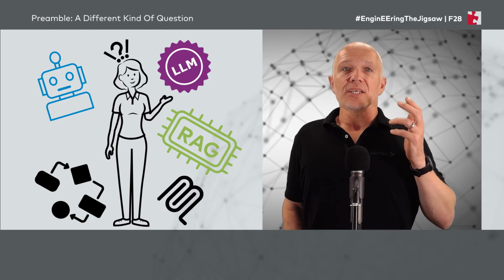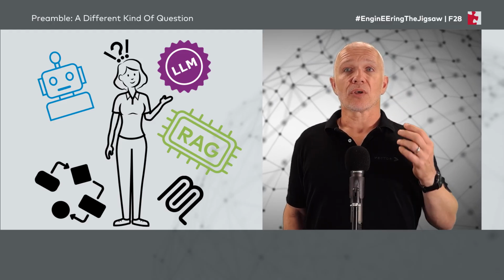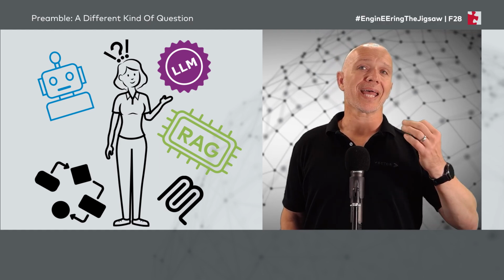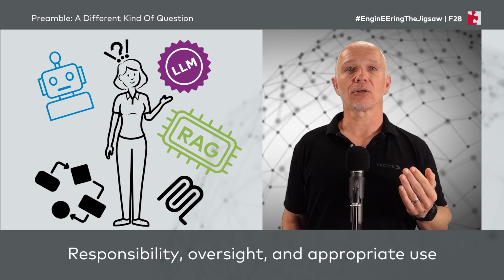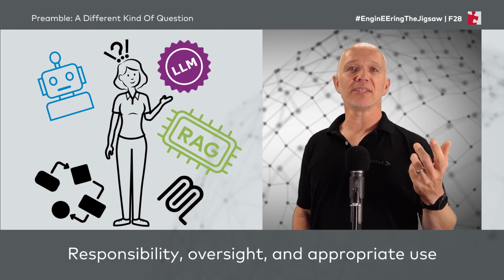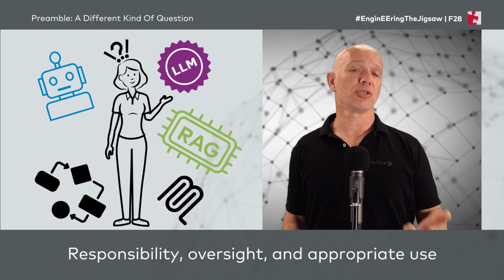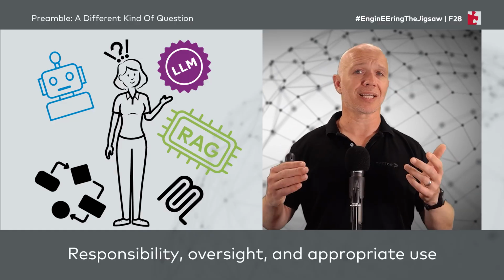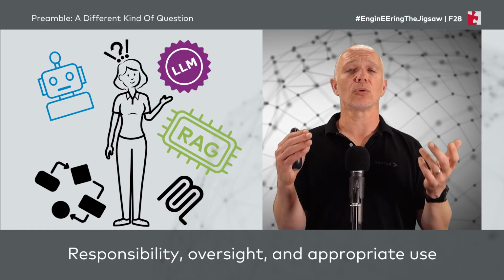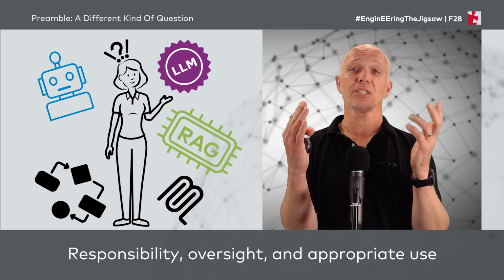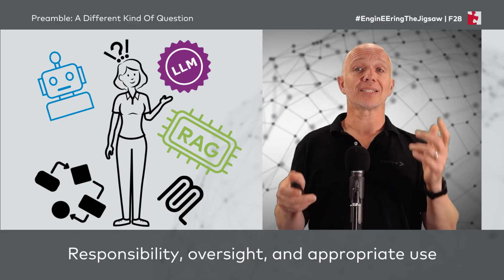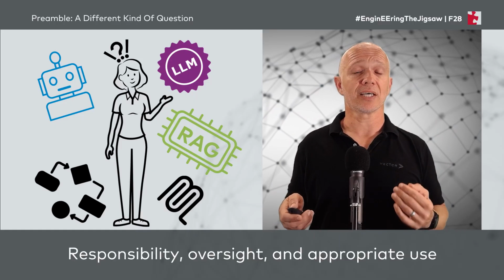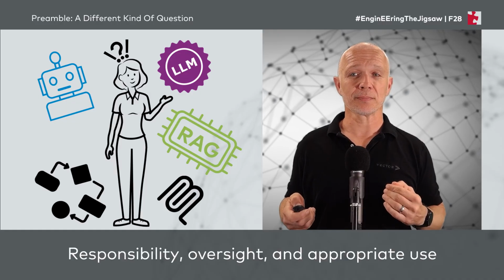So in this final episode of our trilogy on large language models, we're going to move on from how might to how should. And this is a very different kind of question to those we usually ask in Engineering the Jigsaw. We're not going to talk about policy, standards, or regulations. We're not going to talk about tools, technologies, or architectures. Instead, we're going to talk about responsibility, oversight, and appropriate use.